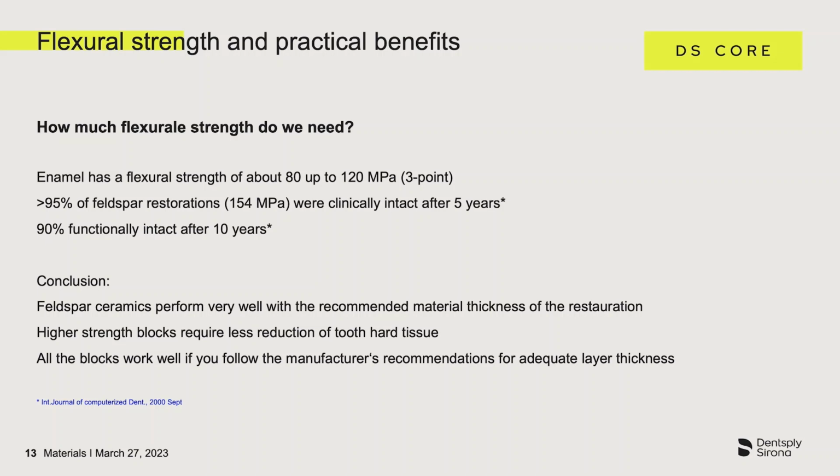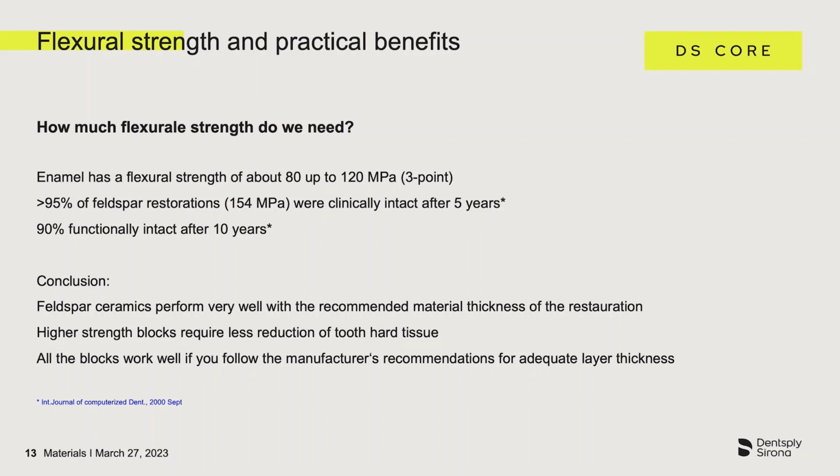In comparison with the natural tooth structure, tooth enamel has a flexural strength of approximately 80 to 120 megapascals in a 3-point test. If we now consider that 95% of all feldspar restorations are still clinically intact after 5 years, and after 10 years approximately 90% are still functionally intact, then we look at the flexural strength of feldspar restorations.